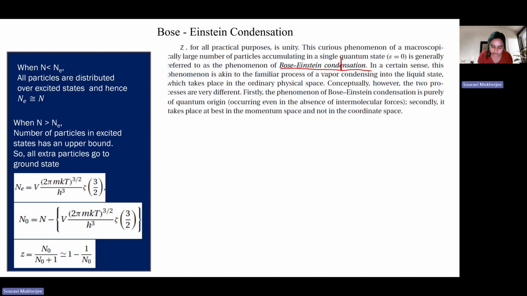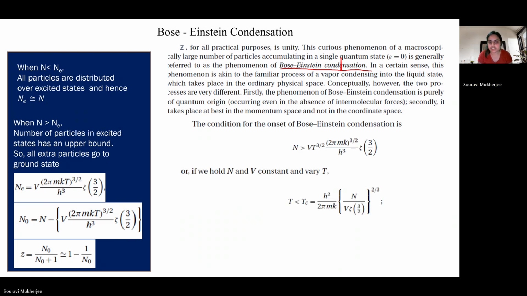It's not coming because of any interaction between particles, because we have not considered any intermolecular forces yet. It's an ideal gas. But even then, this is coming because of the inherent quantum nature of the particles. Those are the major differences from a typical condensation.